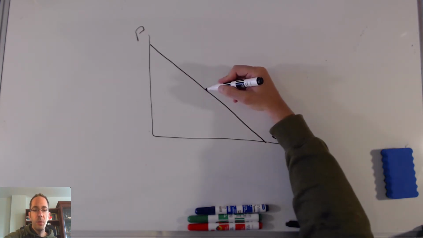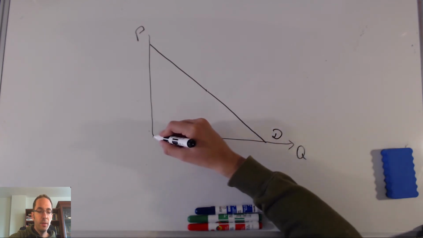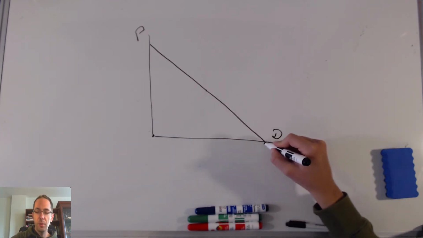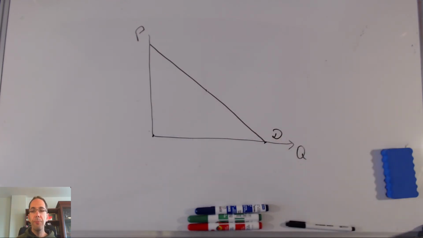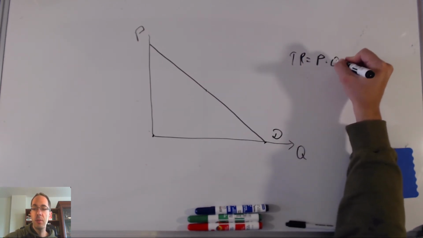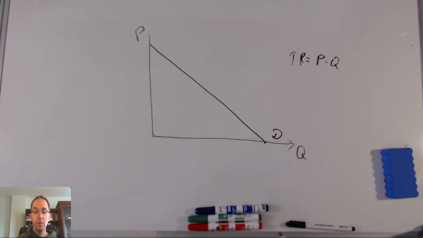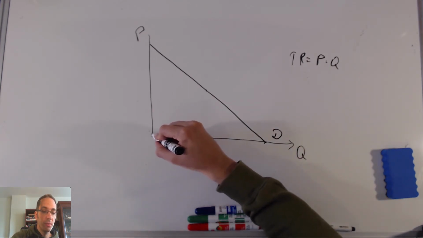Take note of the midpoint and the starting and the end points. Now, remember, total revenue is equal to the price times the quantity. At this point here, at the origin, my quantity is 0, my price is 0, so total revenue would be 0. So we'll start from here.